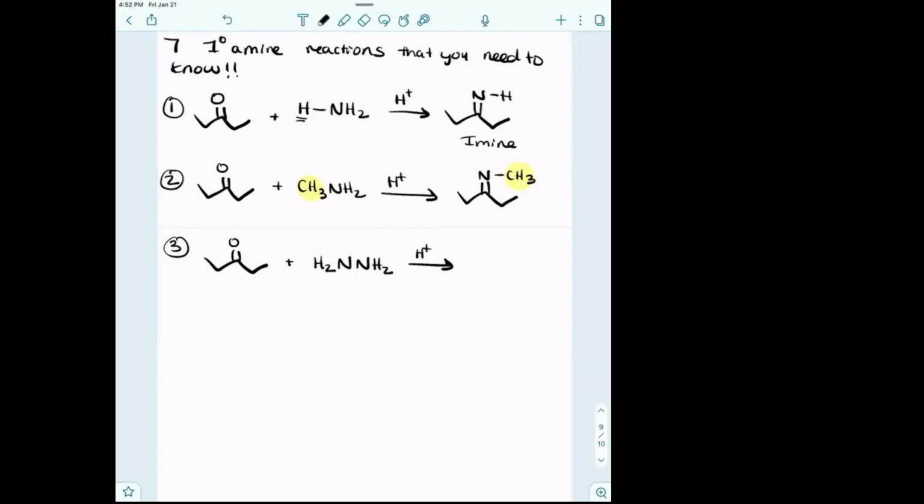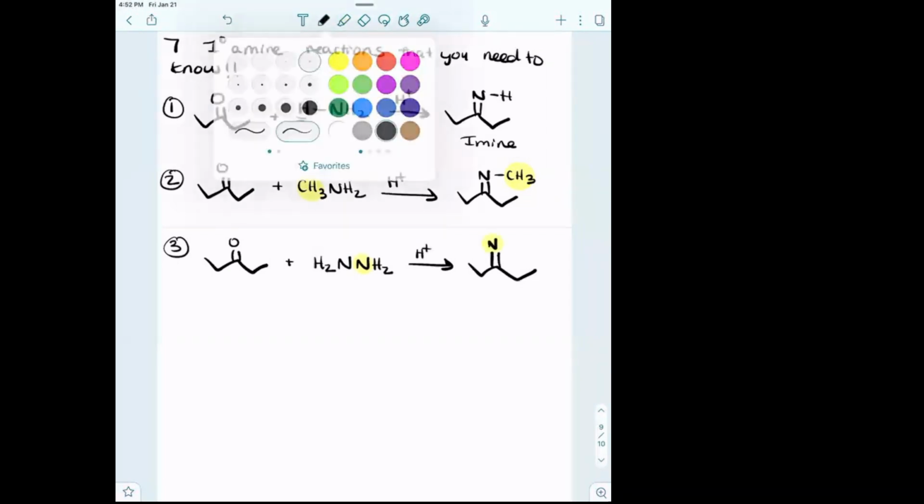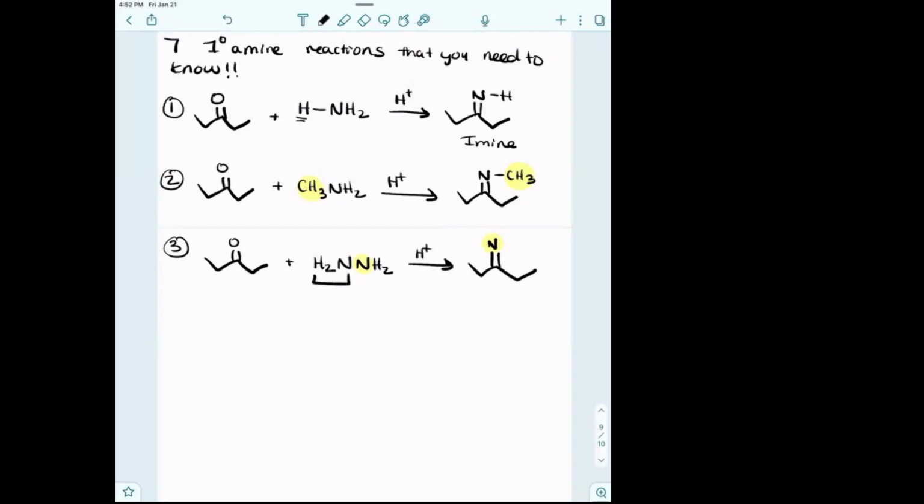So either one of these nitrogens could be your double bond nitrogen, but the other nitrogen has to be the R group. So I can say that this nitrogen is this one, and this NH2 is the R group. That's going to be here.